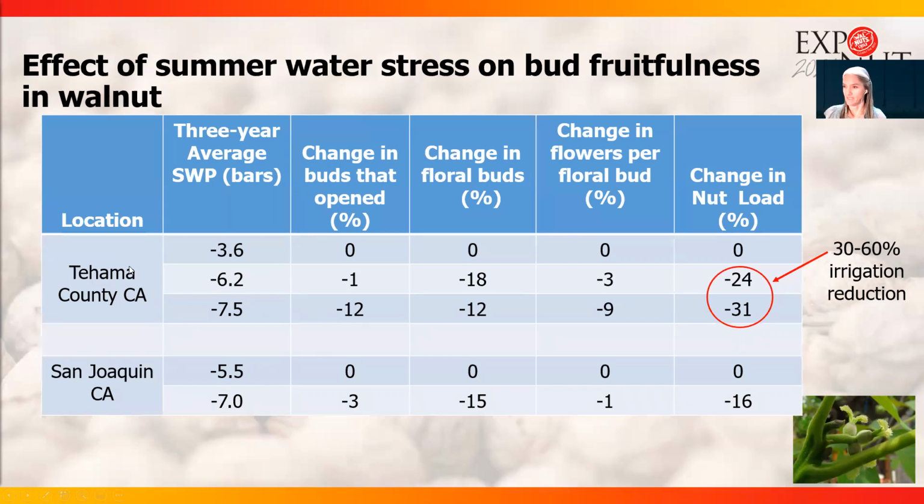At the Tehama County site, which I already indicated had a more severe response in terms of shoot growth, there was a large reduction in the change in nut load in response to the irrigation reduction. This was a 24% and 31% reduction in nut load, reflecting an irrigation reduction in the range between 30 to 60%. There was also a response in the San Joaquin site, but not to the same extent as what we saw in the Tehama County site with the mechanically hedged trees.